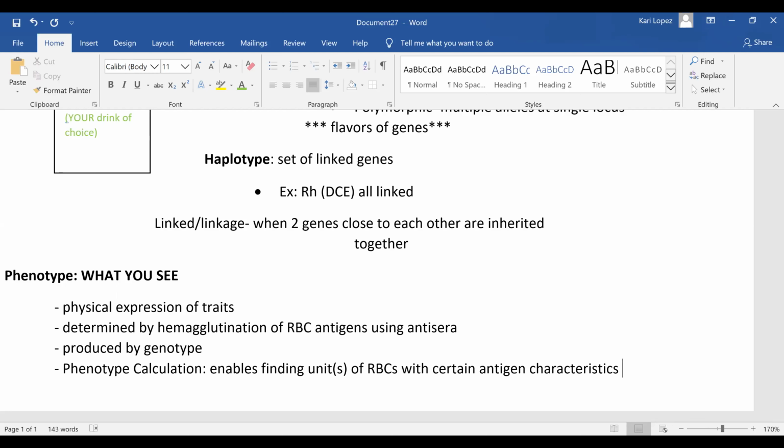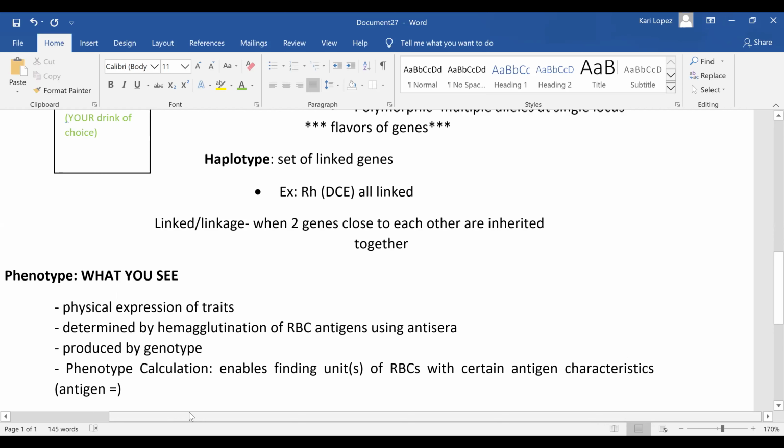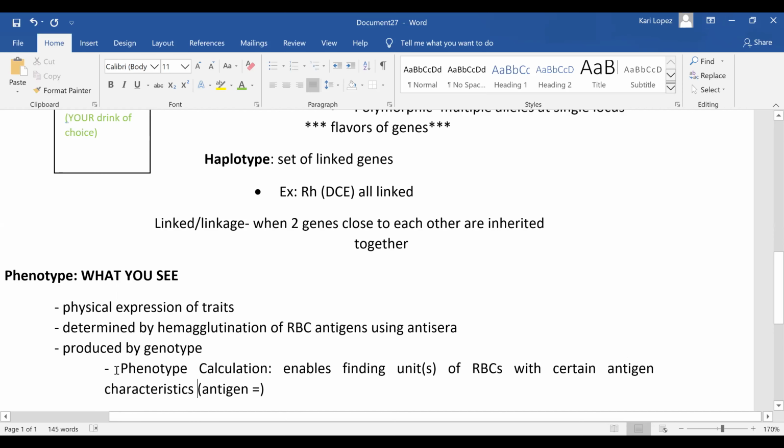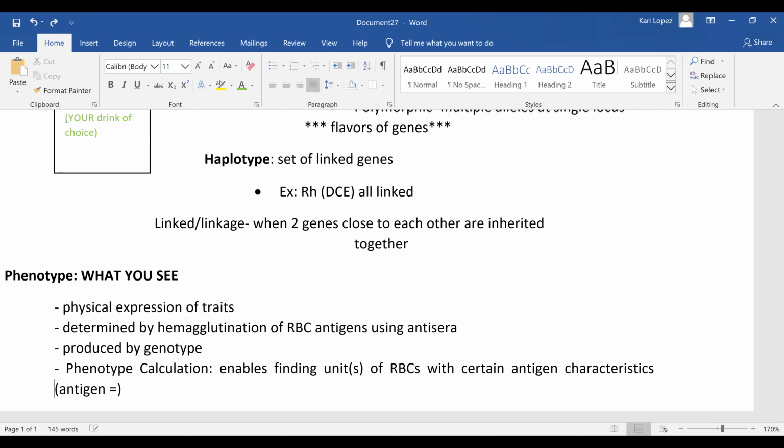And so when it's talking about certain antigen characteristics, are they going to want them to have an antigen or not want them to have an antigen? When they're talking about these antigen characteristics, what kind of characteristics are they talking about?